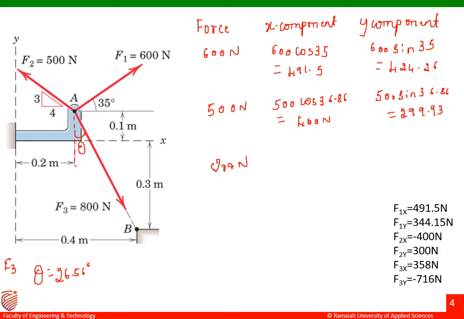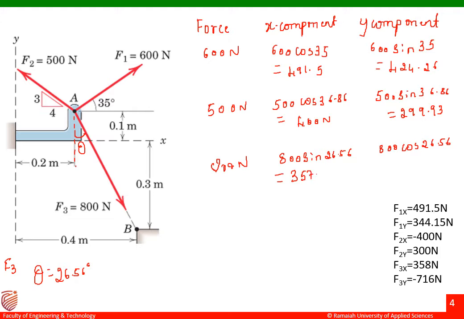Okay, now here the angle theta is made with respect to the vertical axis. If the angle is made with respect to the vertical axis, the formula for x component would be F sine theta. So my theta is 26.56 degree. Similarly, for my y component, it is 800 cos 26.56 degree.